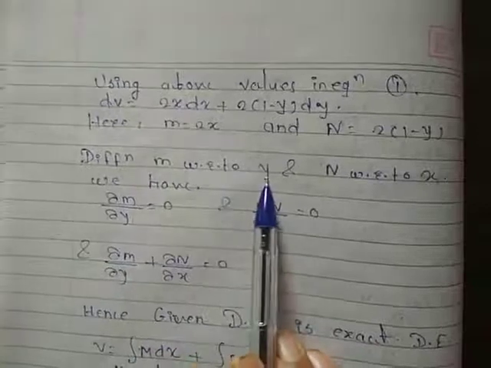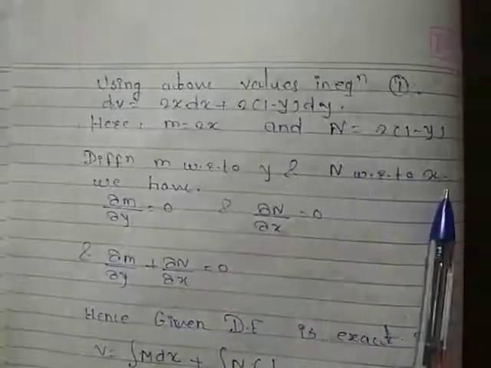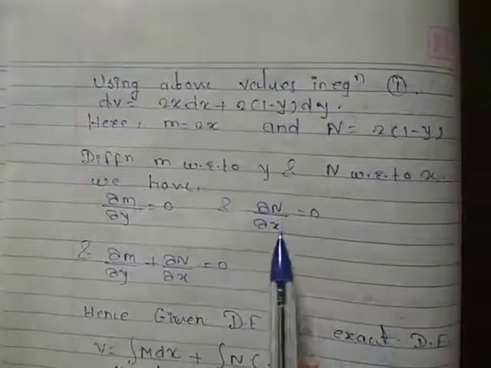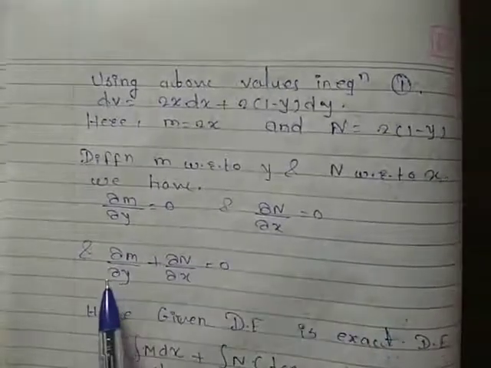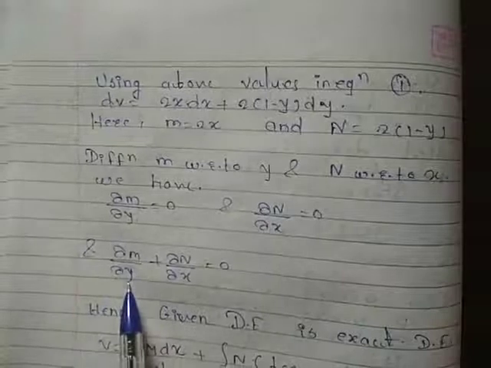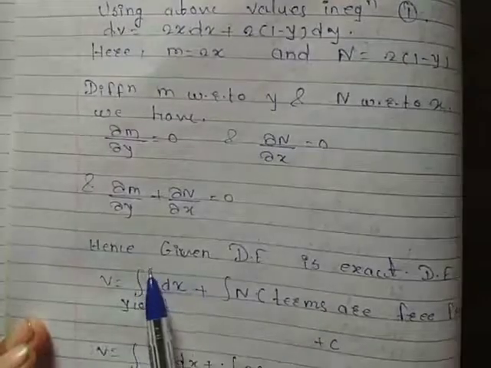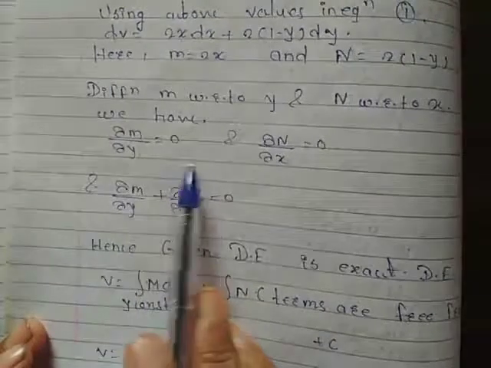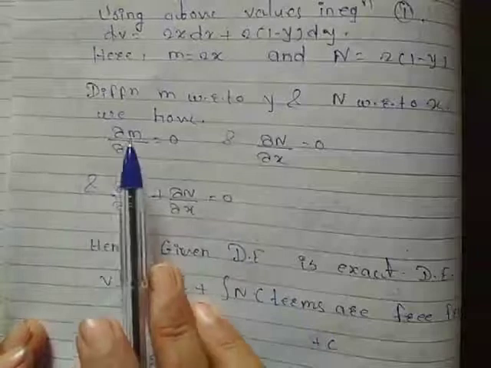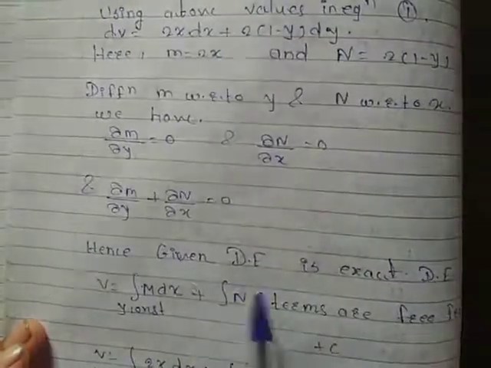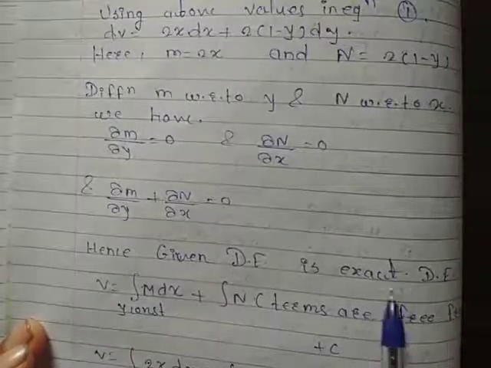Differentiating M with respect to y and N with respect to x, we get ∂M/∂y = 0 and ∂N/∂x = 0. We can see here ∂M/∂y = ∂N/∂x. So the given differential equation is an exact differential equation.